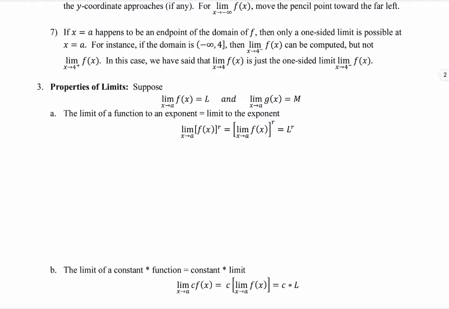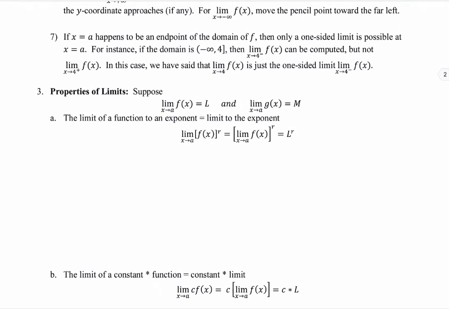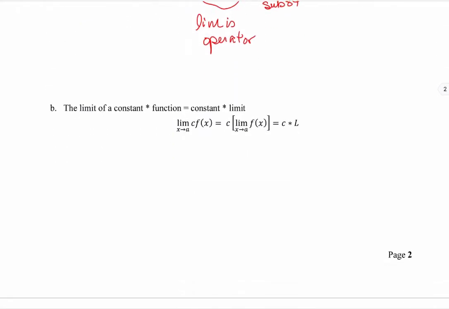All right, so here's a property, and from here to here, I'm actually using the fact that the limit is an operator. And from here to here, I'm using substitution. Again, from here to here, I can pull the constant out because limit is an operator.